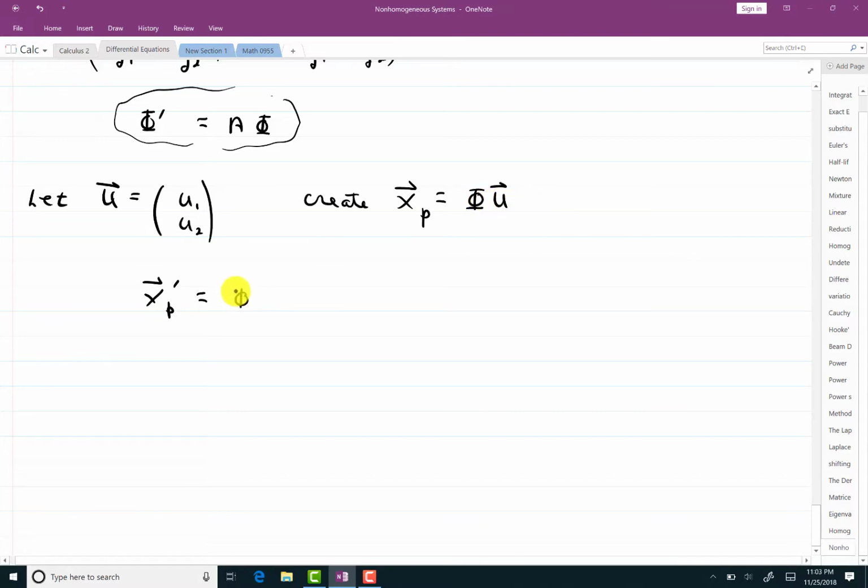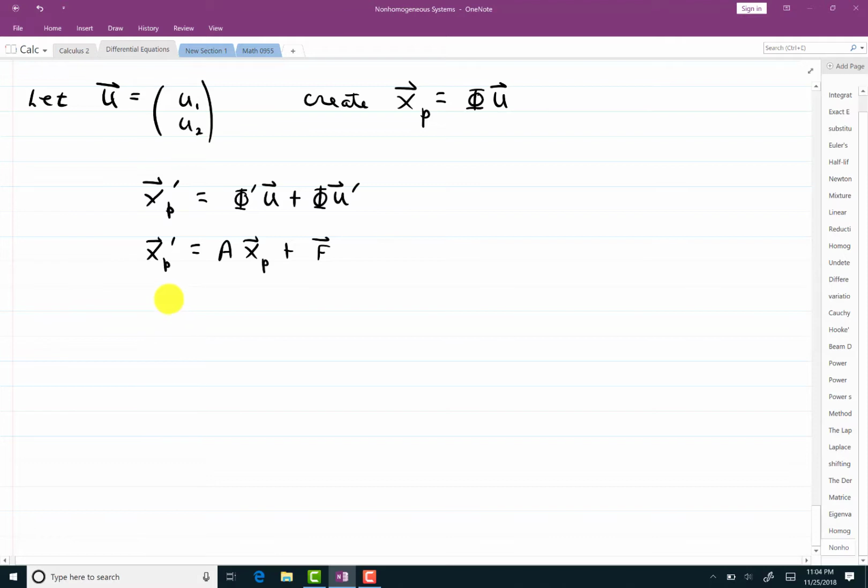You will have phi prime u plus phi u prime. So the product rule will work exactly as you expect the product rule to work. Now we also have xp prime equals A xp plus f. It is, after all, a solution to the original system.